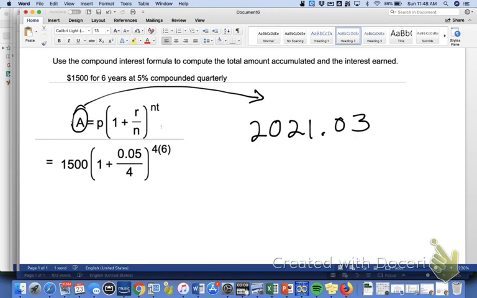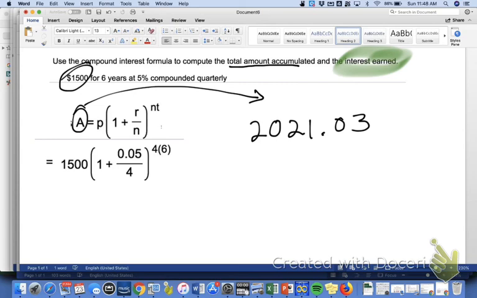Now, that amount of money does also include the $1,500 that we originally invested. So the question is asking us to compute the total amount, but it's also asking us to figure out the amount of interest that we earned. So this is a 2-part question. So $2,021.03 is what I had at the end of the time period.